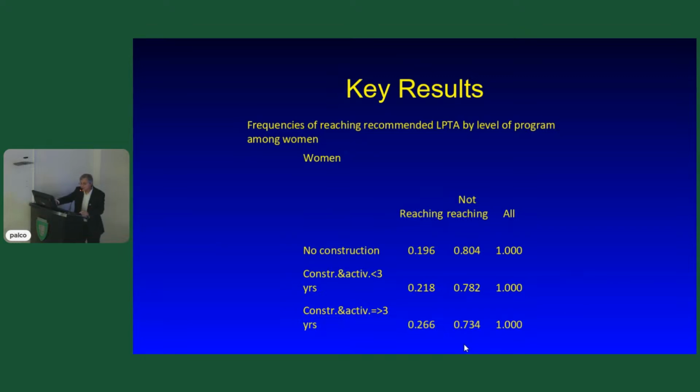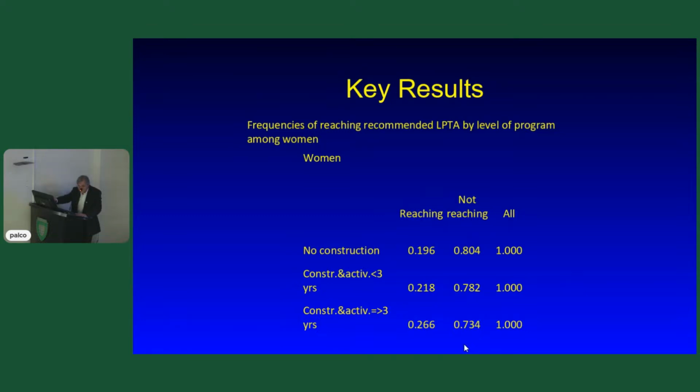I have 26% of the people where construction and activity have been going on for 3 years already, nearly 27%, who had reached the recommended level of leisure time physical activity. Whereas in those cities with no construction, nothing, the whole city, only 19.6% were doing the recommended level of physical activity. Remember, I had more effect than that, but these are the ones that are significant statistically.